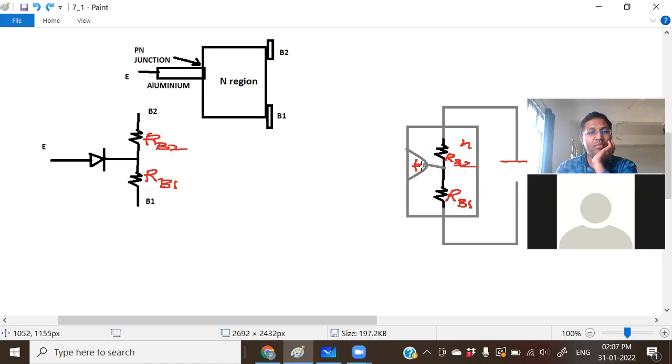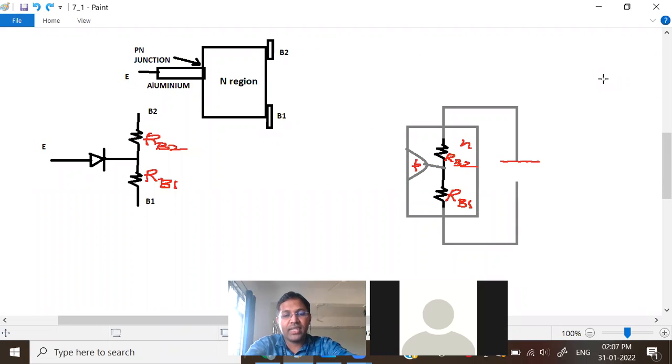Usually to base 2, we connect the positive of the supply, and obviously the negative goes to ground.